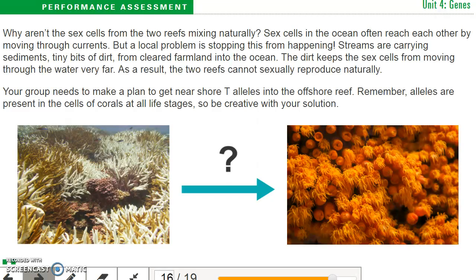The dirt keeps the sex cells from moving through the water very far. As a result, the two reefs cannot sexually reproduce naturally. Your group needs to make a plan to get near-shore dominant T alleles into the offshore reef. Remember, alleles are present in the cells of corals at all life stages. So be creative with your solution.